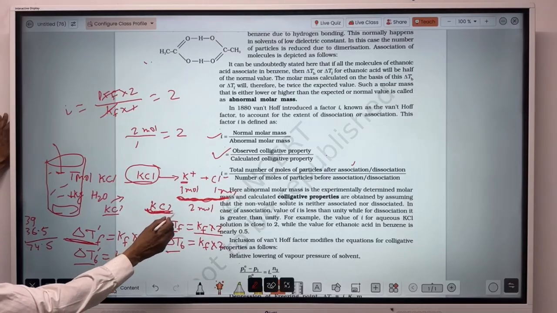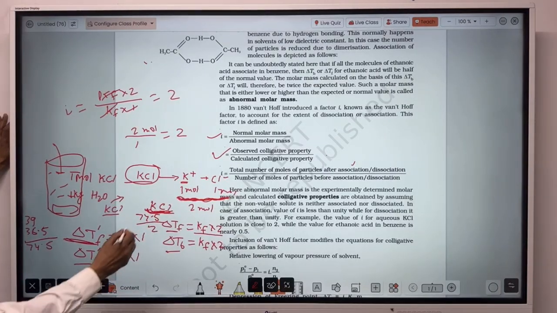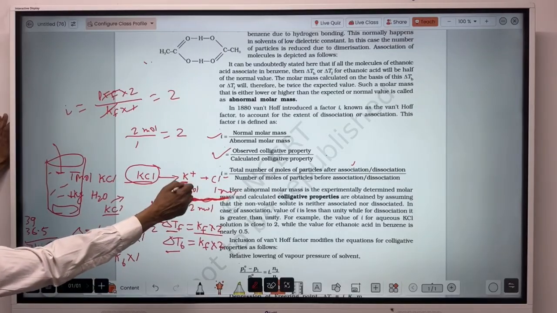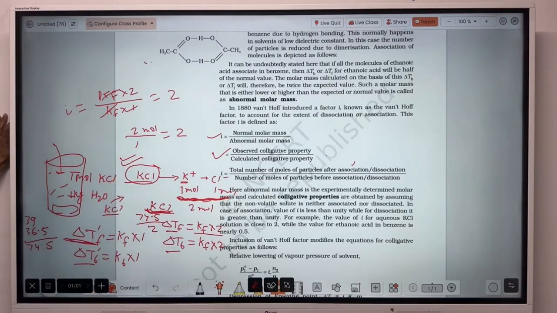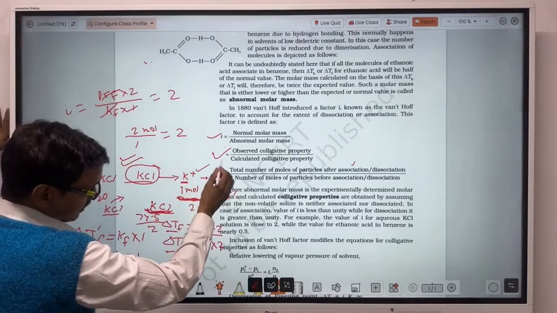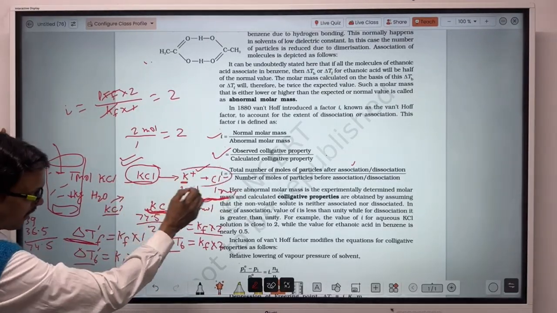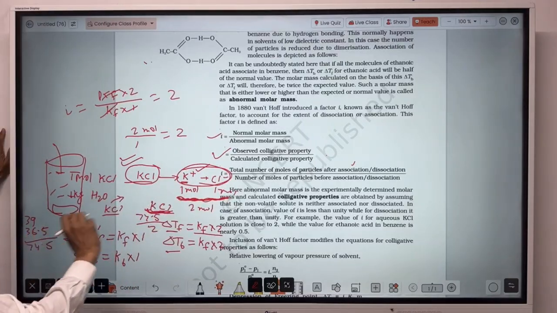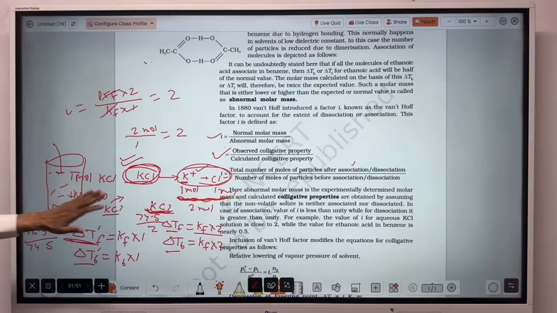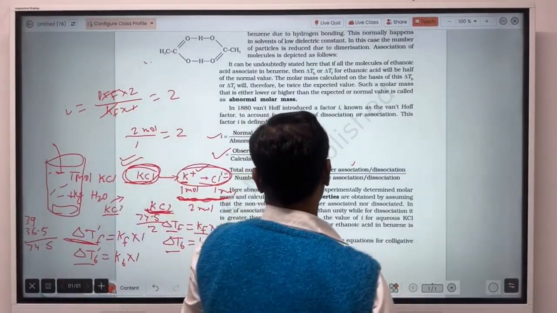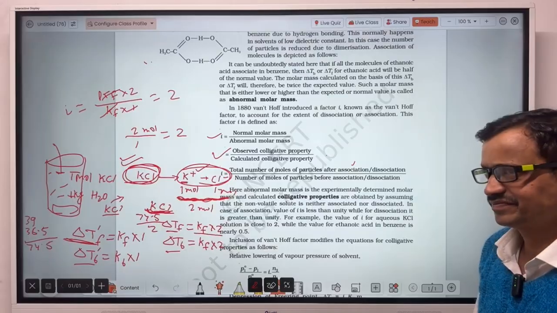So here the molar mass will be 74.5 upon 2. Obviously, molar mass as a whole you will have to find out, because whatever the weight is, that will be the weight for 1 mole, and what you find out will be the weight for 2 moles. So when you calculate its molar mass, it will be half of the molar mass of KCl. So that's why the Van't Hoff factor will be normal molar mass upon abnormal molar mass.